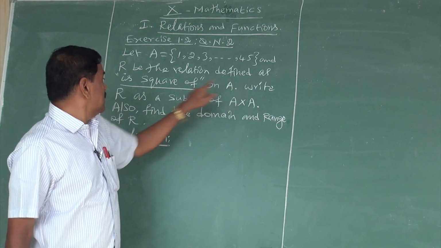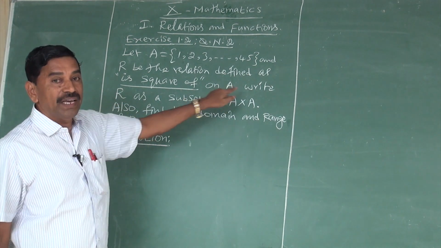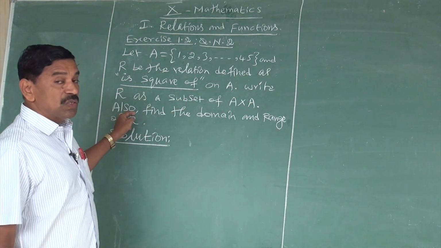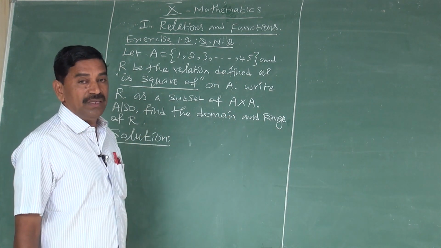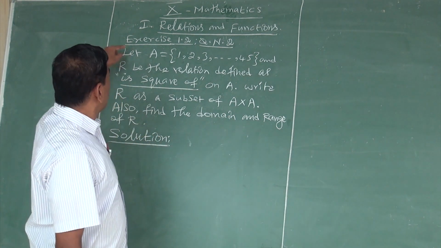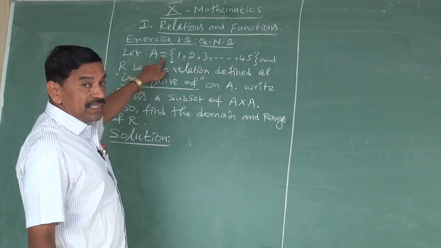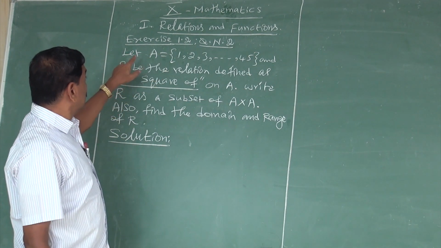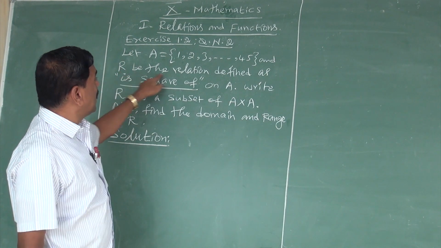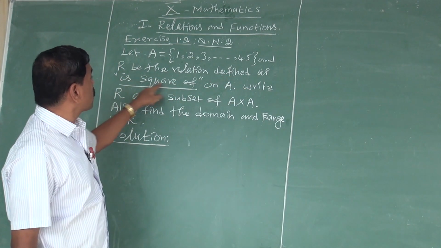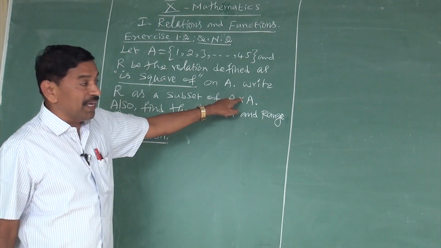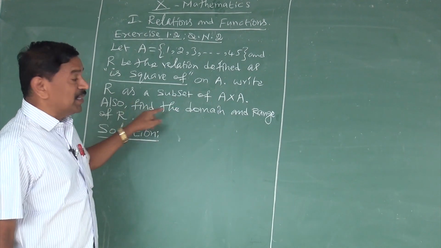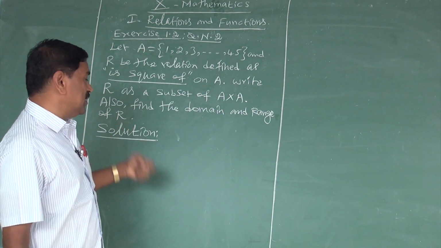Now write R as a subset of A cross A. Also find the domain and the range of R. That is the question.